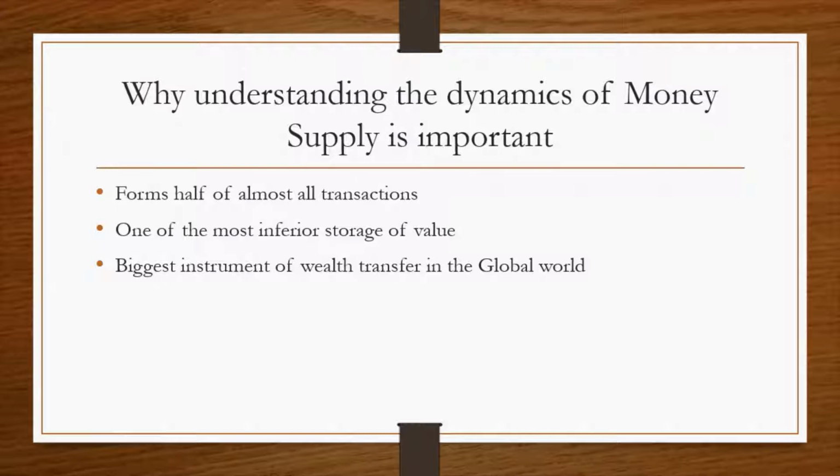Money is also the biggest instrument of transfer of wealth in the global world, especially since the 1970s. The transfer of wealth happens mostly from the working class to the asset owners.